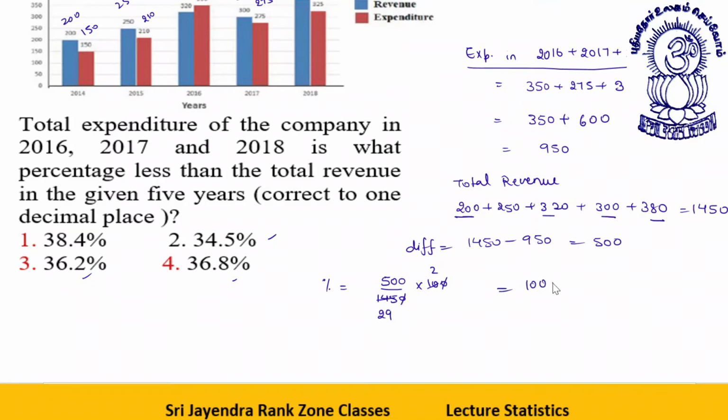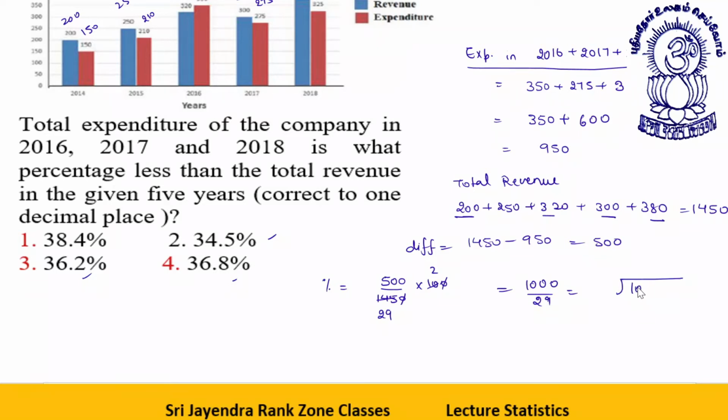So this is 1000 by 29. How can I read this? First of all, 29 into 3 will be 87.